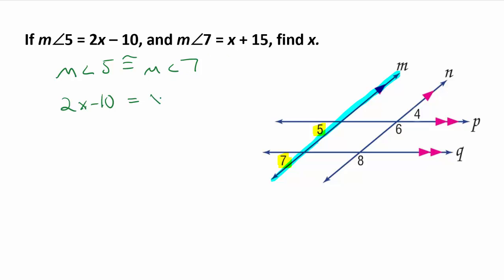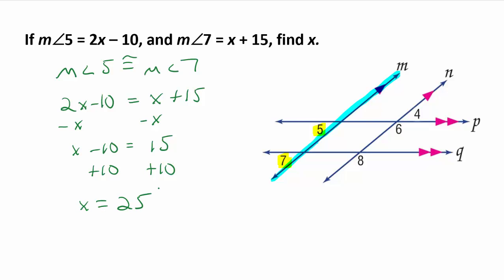Angle 7 is x plus 15. And now all we have to do is solve for x. So I'm going to start by subtracting x from both sides. I'm left here with x minus 10 equals 15. Add 10 to both sides. And x equals 25.